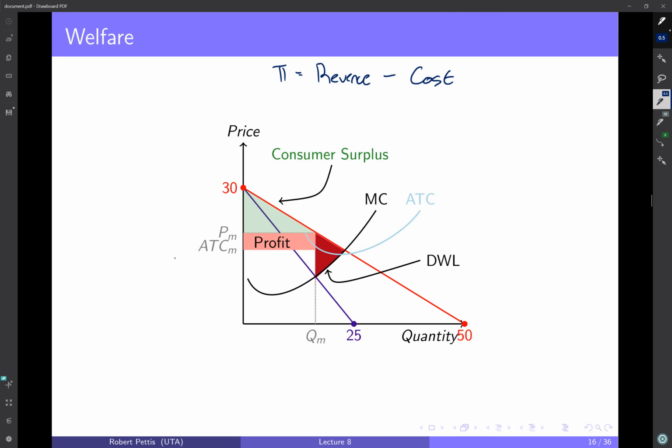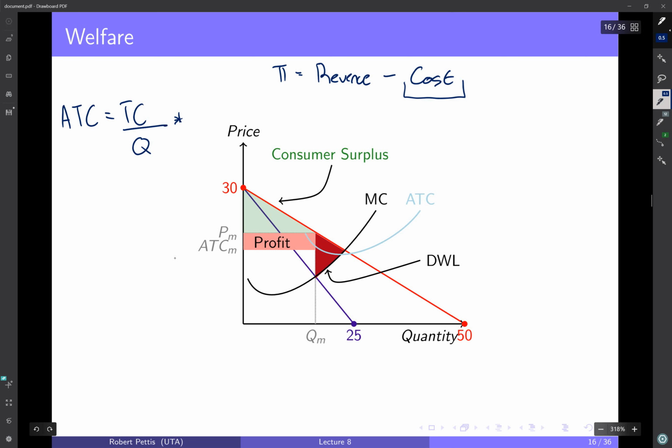Like we said before, if we've got our average total cost, and that's equal to total cost over quantity, then if I need the total cost as part of the calculation of profit, I've got this formula here. I just have to solve for total cost.